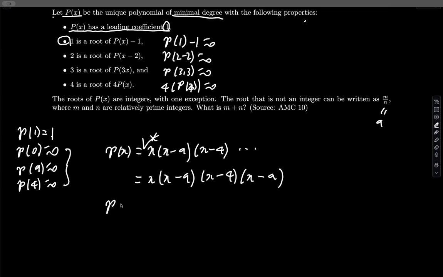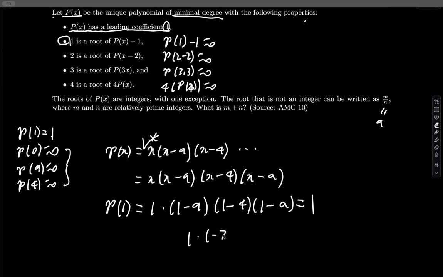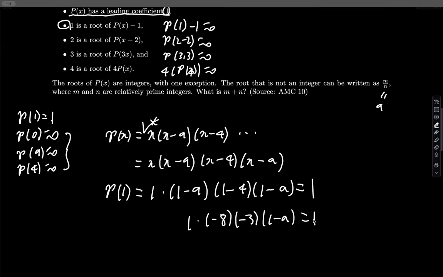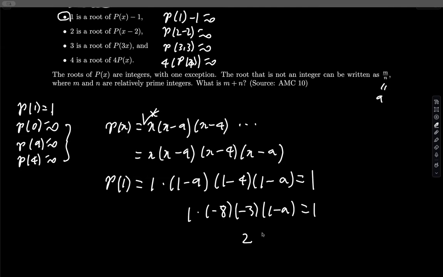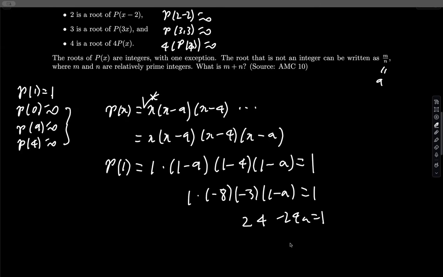So we get p of 1 equals 1 times 1 minus 9 times 1 minus 4 times 1 minus a, and this should be equal to 1. When we calculate it, we get 1 times negative 8 times negative 3 times 1 minus a is equal to 1. Then we have 24 minus 24a is equal to 1. So we have a equals 23 over 24.